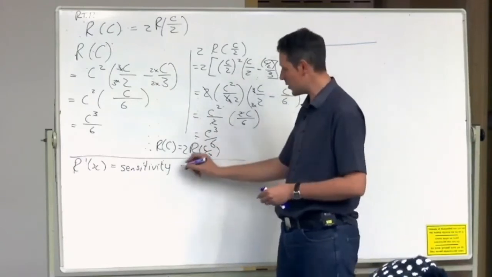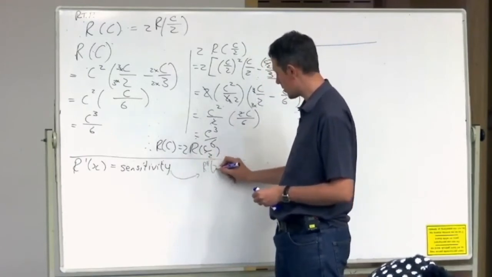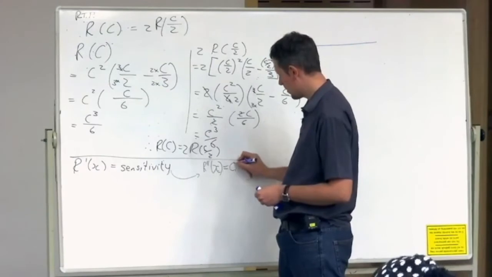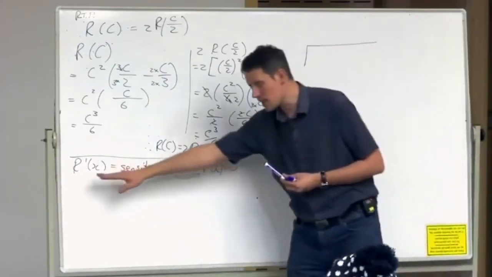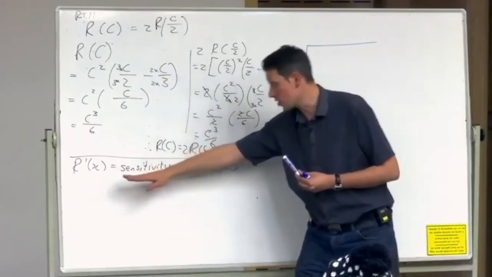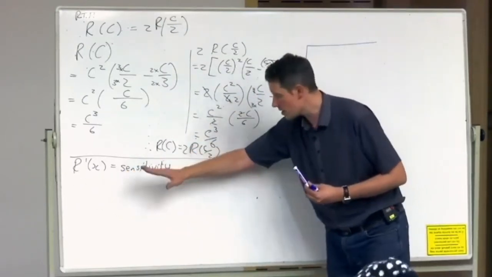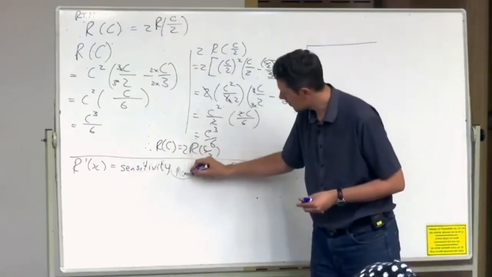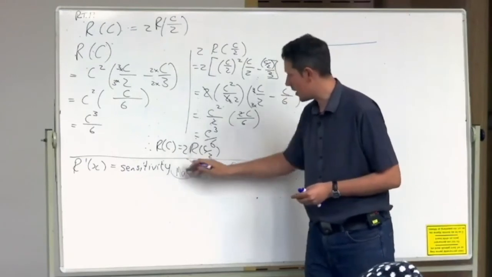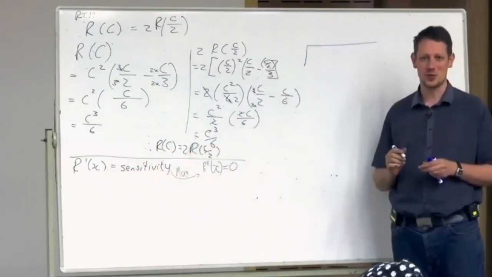So I'm actually going to go towards R double accent of x must be 0. Not R accent of x, because R accent of x is the sensitivity. When is the sensitivity maximized? I've got to differentiate that expression and put it equal to 0.